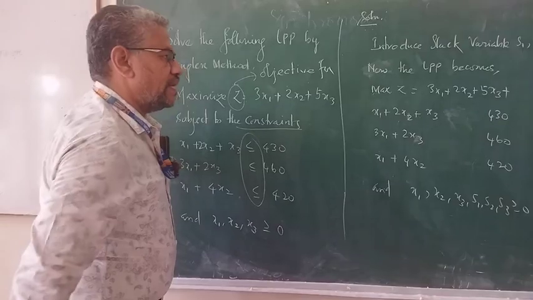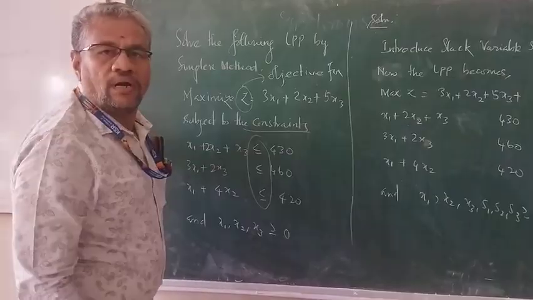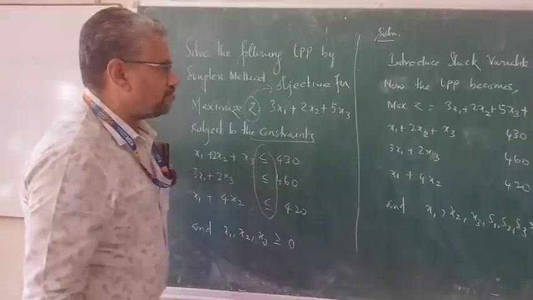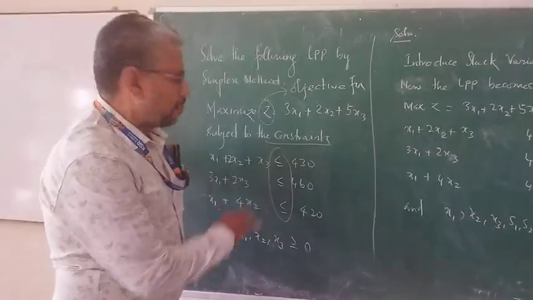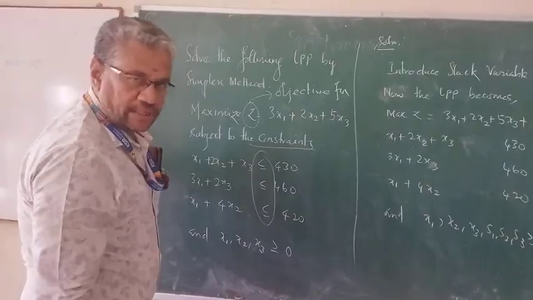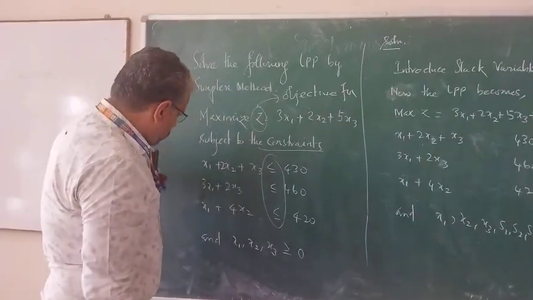Suppose greater than or equal to sign comes in a constraint, then we will have to go for the Big M method or other methods. So in the fundamental simplex method, we can solve the constraints only with less than or equal to sign. Therefore, all three constraints will have less than or equal to sign.